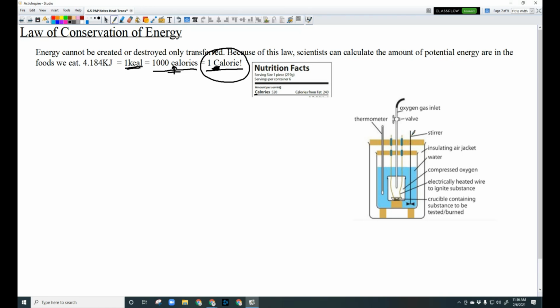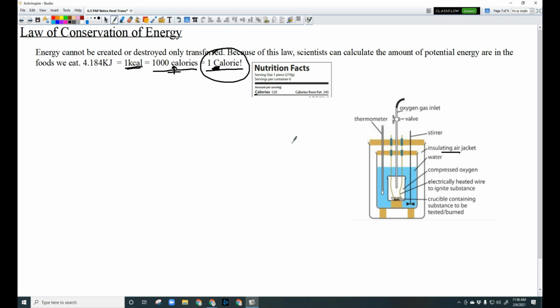Within this water is a stirring rod, a stirring device, so that it circulates the water, and a thermometer. Now, this container is in a third container, which is an insulated container, so that no heat can escape from this water to the outside surroundings.